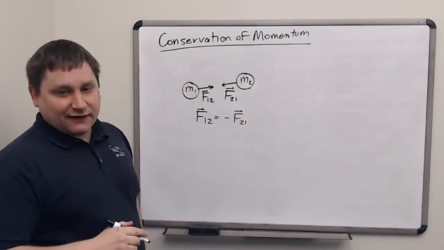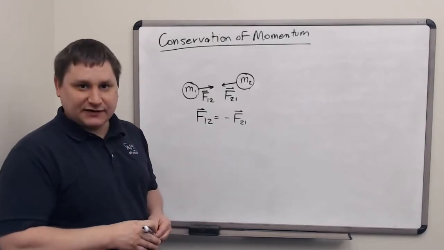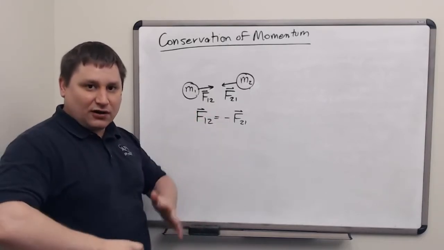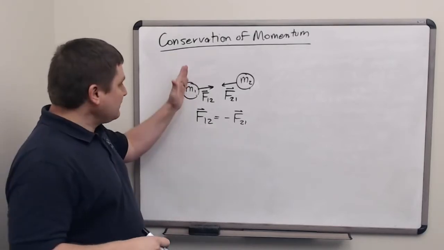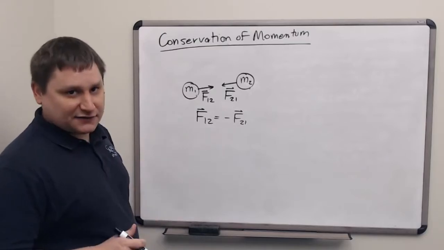The third law doesn't tell us anything else about the interaction except that these two vectors must be opposite. They could be large or small at weird angles to the line between the objects. Anything goes as long as they're opposites.